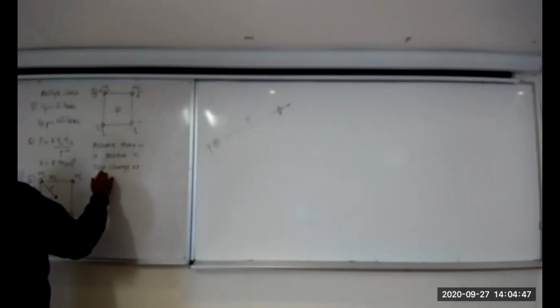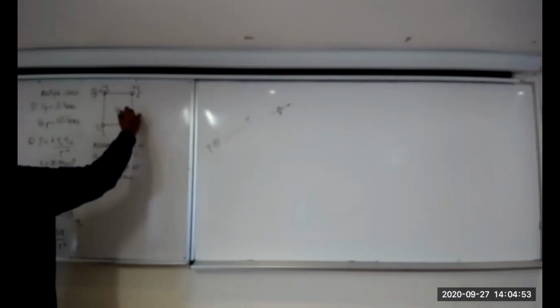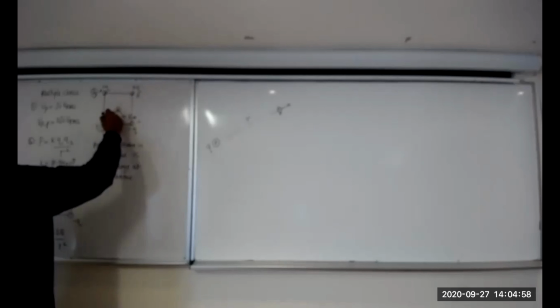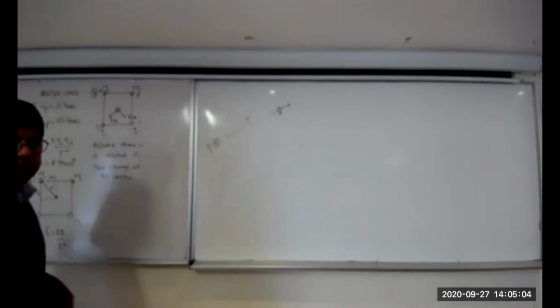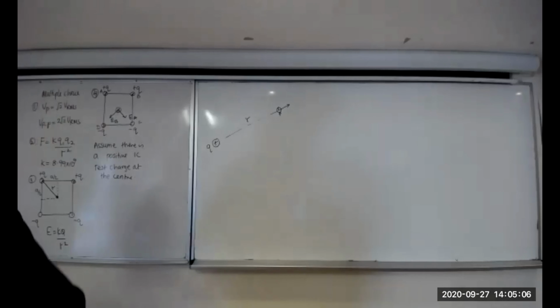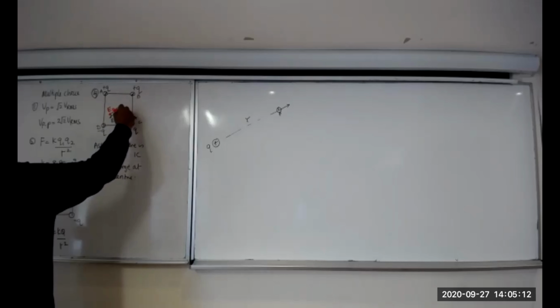At the center, look at the vectors. These two are going to be repelling: that's your EA, and that's going to be repelling, EB. Now these two are going to be attracting: ED, that's also attracting, EC.